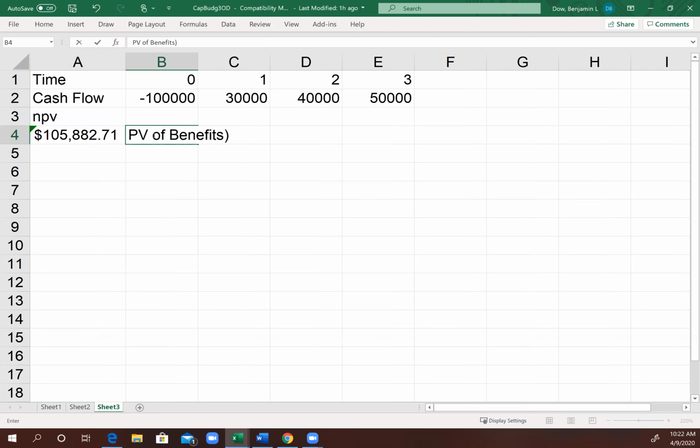Okay. Now, knowing the present value of the benefits is good, because then you can subtract out the upfront cost.